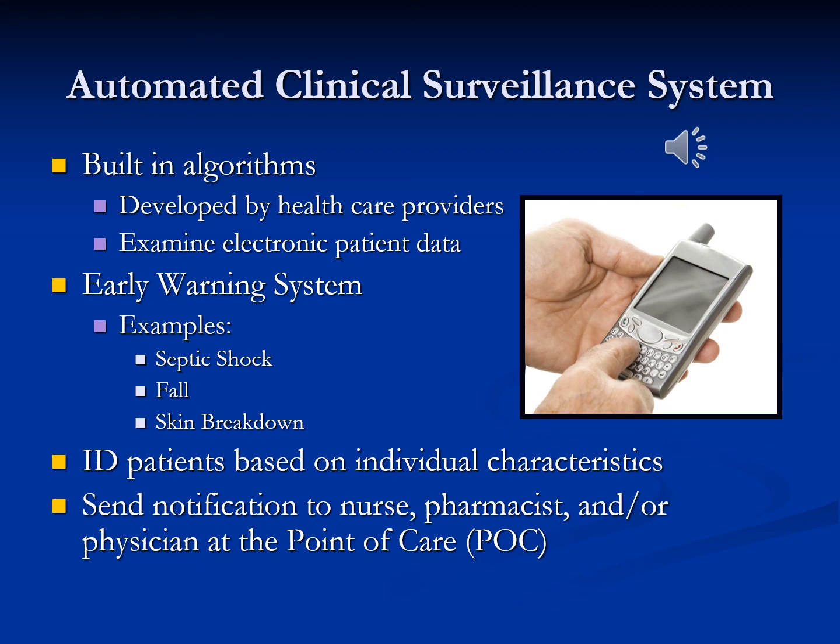It might identify patients based on individual characteristics and send a notification to the nurse, pharmacist, or physician at the point of care. So for instance, certain parameters change and it appears that this patient is more at risk of skin breakdown or fall. It will send a notification to reassess the patient. Perhaps they just came back from surgery, and so they're more at risk of skin breakdown and falls. That's something that is important for nurses to know.